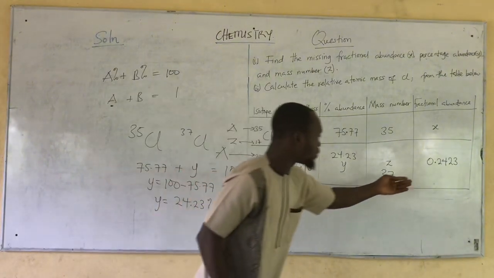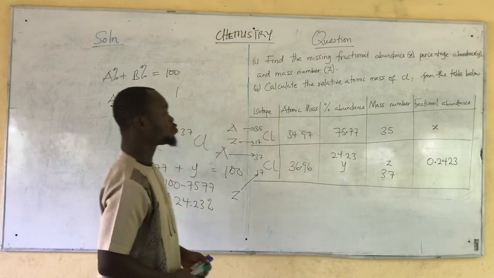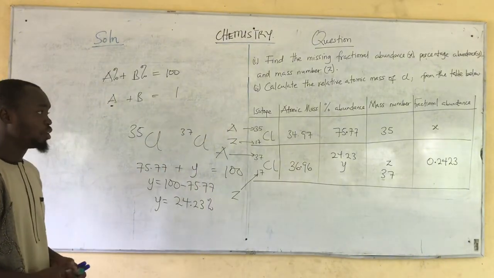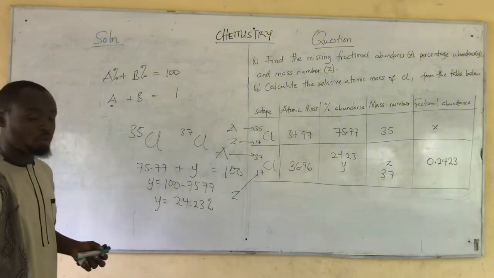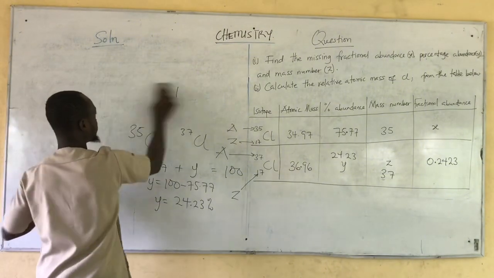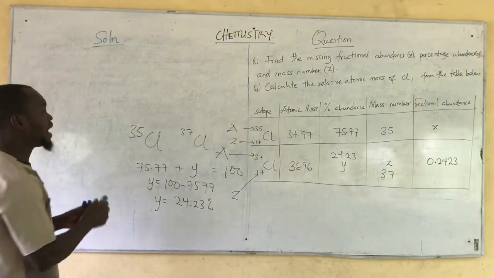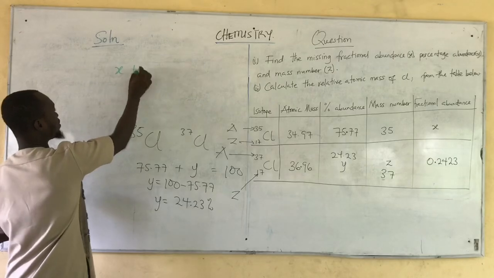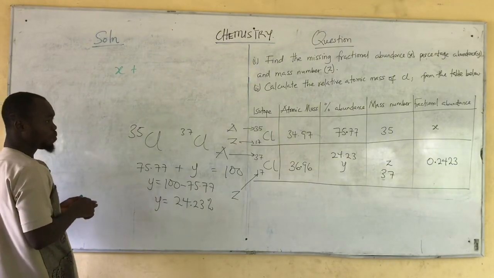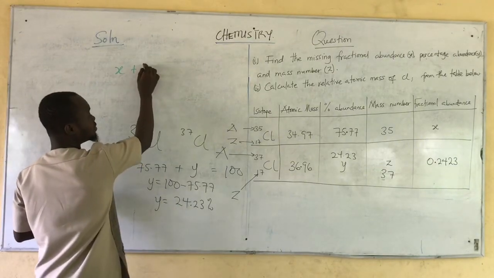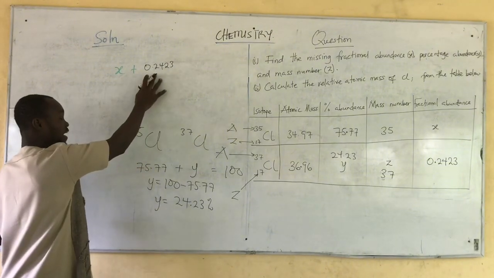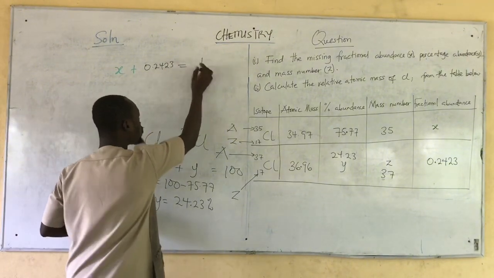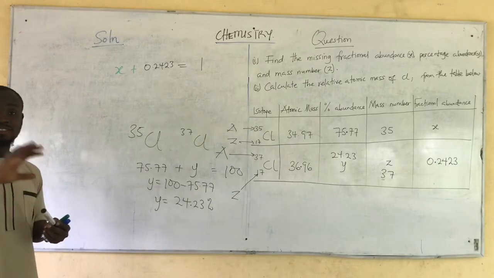So we are given one to be 0.2423. To know the other one, how do we do it? We already know that if we add x, that is the fractional abundance for the first isotope, plus 0.2423, the abundance of the second isotope, it should be equal to 1. Anytime we are dealing with fractional abundance.